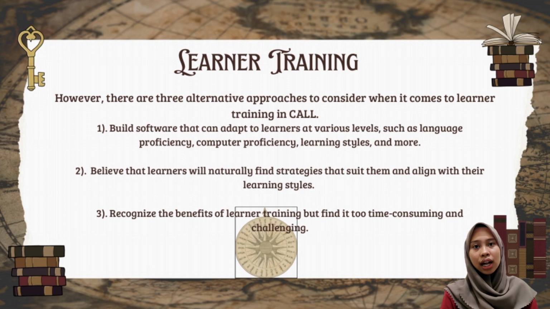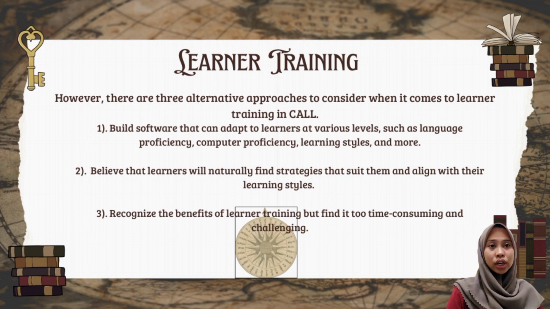The third alternative is to recognize the benefit of learner training but find it time consuming and challenging. However, the decision to provide training to learners should be based on a cost-benefit analysis.